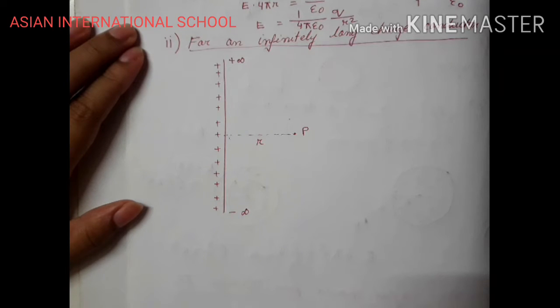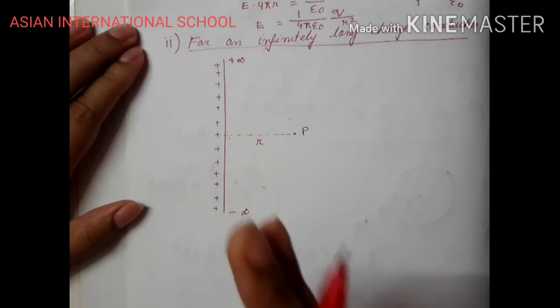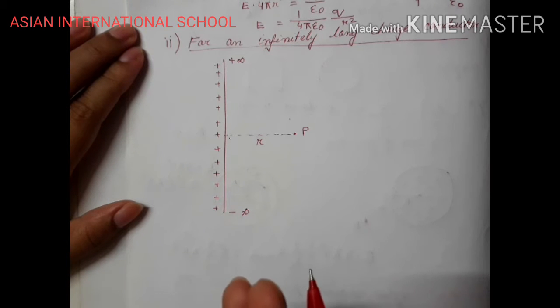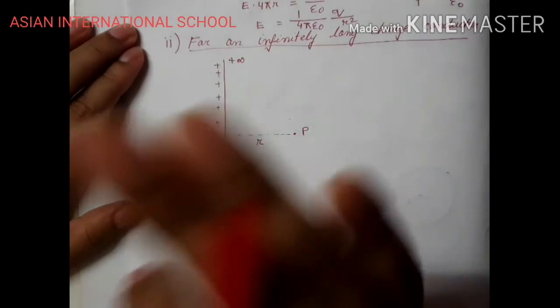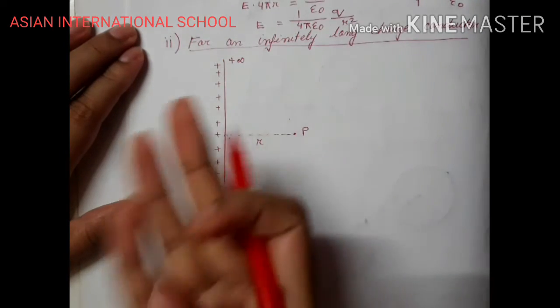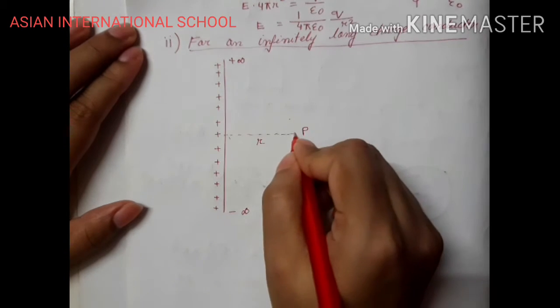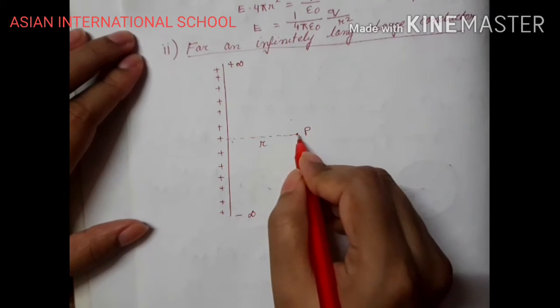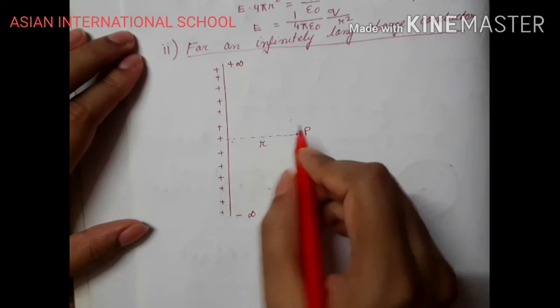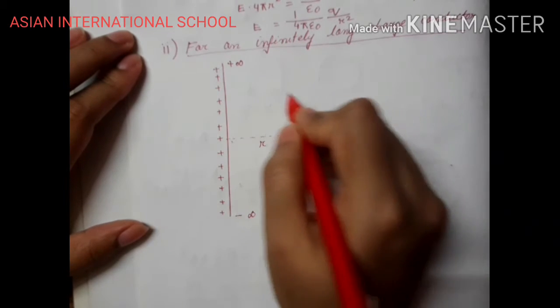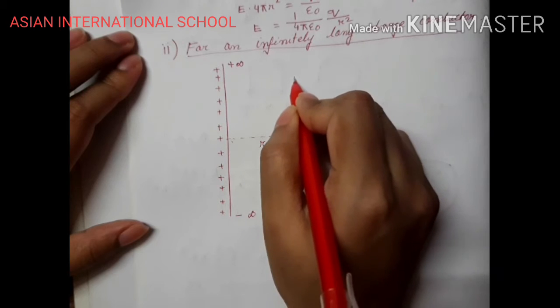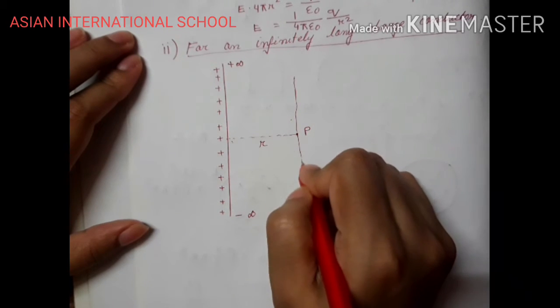So we will take a Gaussian surface which will be a cylindrical surface, so that all the charges get enclosed. We are wrapping up this wire with a cylinder. As I told you, your Gaussian surface should pass through the point. So we are taking a cylinder. Just a minute, let me draw the diagram.